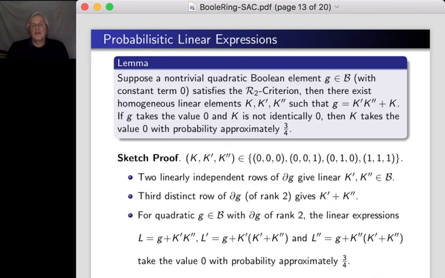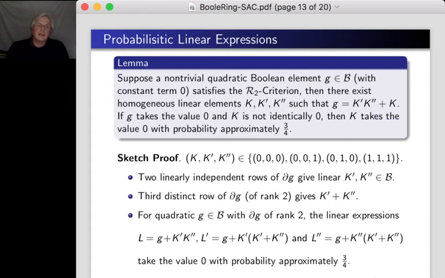Okay, so in fact, if we constructed an element G with partial matrix dG having rank 2, the first 2 linearly independent rows of this matrix give k and k double dashed. Any third distinct row is k dashed plus k double dashed. A matrix of rank 2 over GF2 can only have 3 non-zero rows.